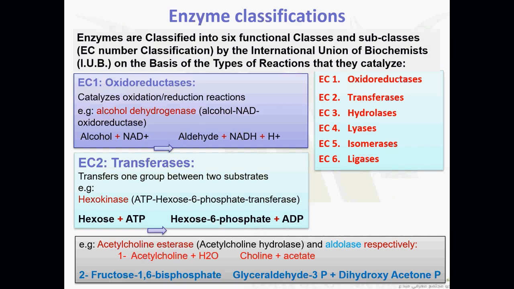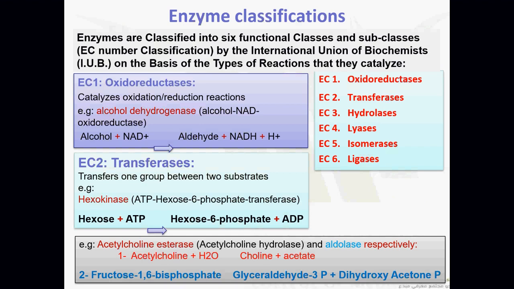The hexokinase is a transferase enzyme which transfers the phosphate group from ATP to the hexose sugar, for example glucose in this case.